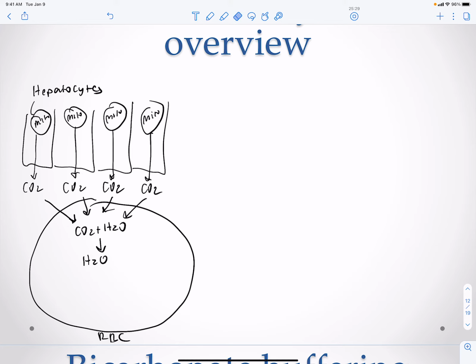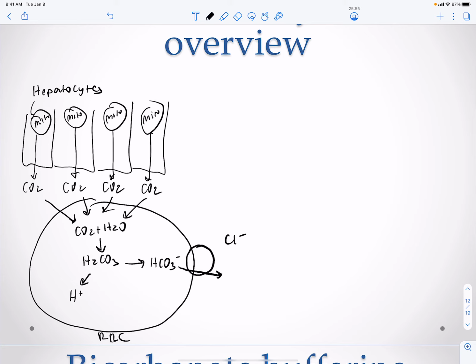And this will quickly dissociate into a hydrogen and your bicarb. And then there is an exchange receptor on the surface of your red blood cell, where every time you have a bicarb made, it will leave.